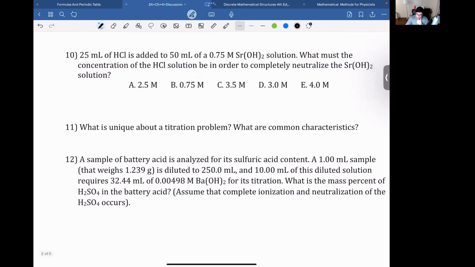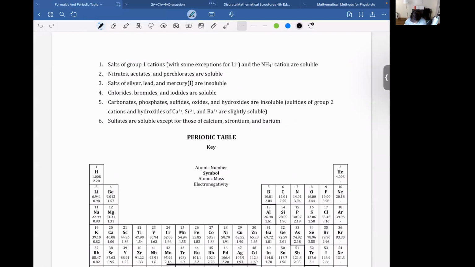10, it says 25 milliliters of HCl is added to 50 mils of 0.75 strontium hydroxide. What must the concentration of the HCl solution be in order to completely neutralize the strontium hydroxide solution? So if you have this is a strong acid, a strong base, presumably strontium.